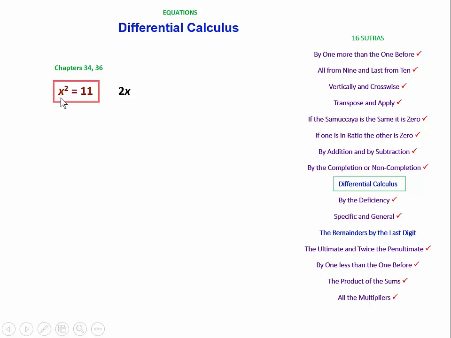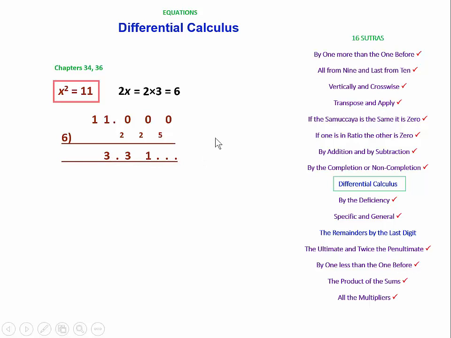You can see that if x squared is 11, then the square root of 11 is about 3. So we've got our 2x becomes 2 times 3, which is 6. And we use 6 as a divisor. I'm not going to go through this, but there's the 6 used as a divisor, and 11's the number, and there's the answer down there.